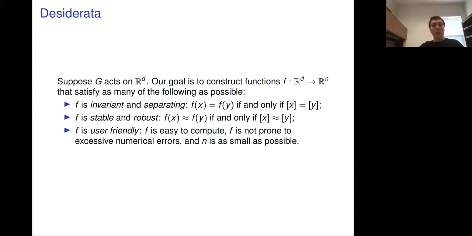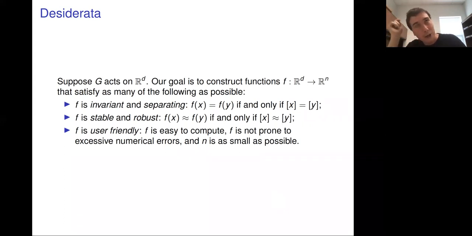And then I want it to be what I'm calling user-friendly here, meaning that it's an easy function to compute, because I don't want something that's impossible to actually compute. And when you implement it, it shouldn't get a lot of crazy numerical errors. And then also I want the target dimension n, where I'm sending everything, to be as small as possible.